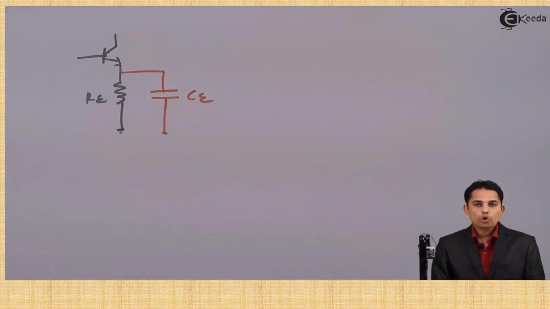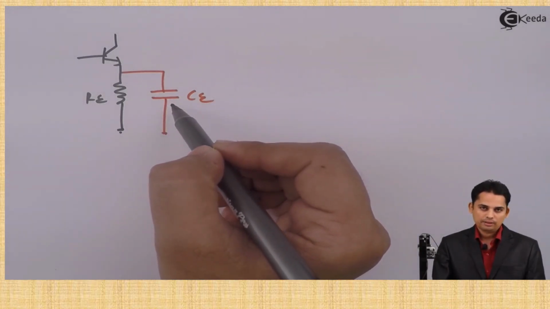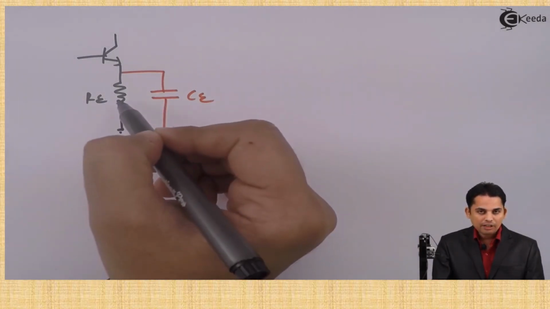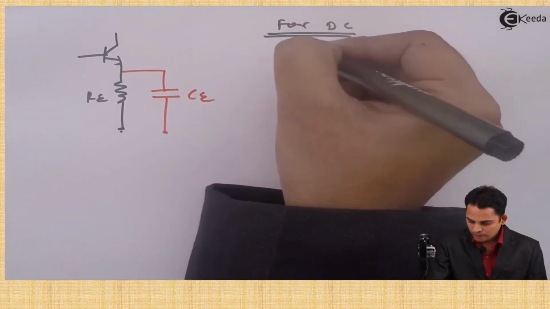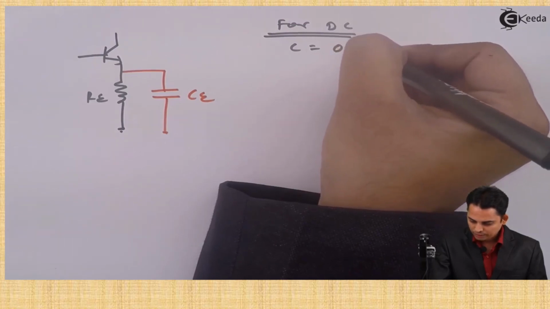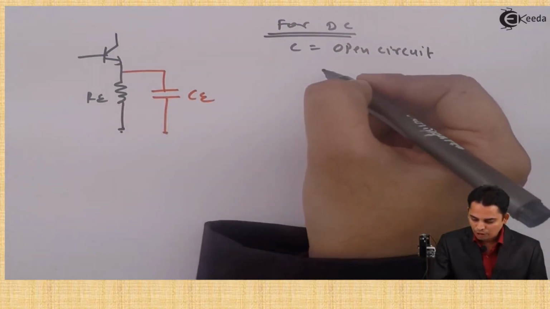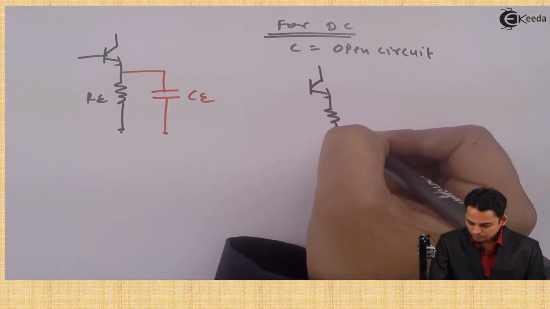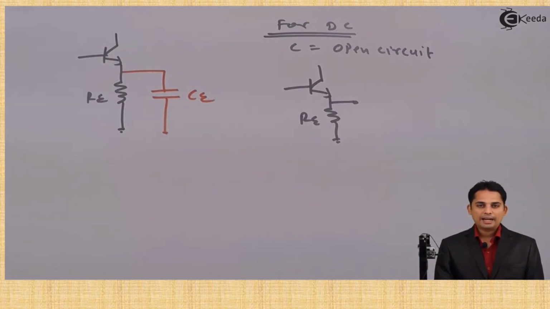Now, during DC analysis, capacitor will be open circuited, and hence Re will be available. For DC, capacitor is open circuit. Hence, this circuit diagram will become like this, means Re is present during DC analysis.